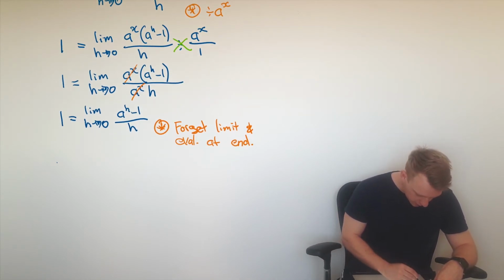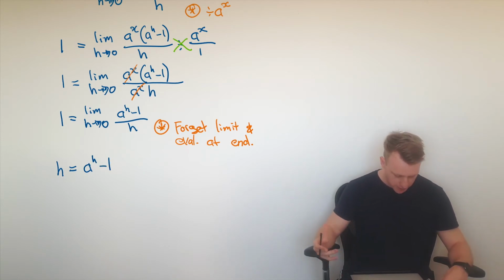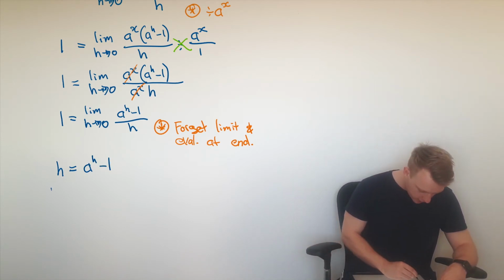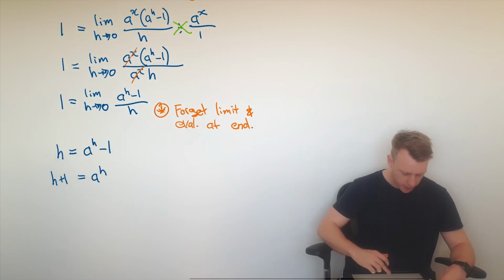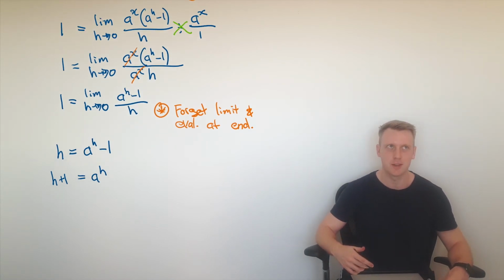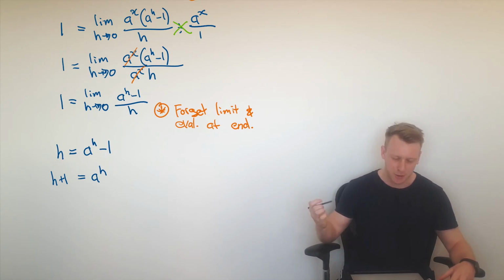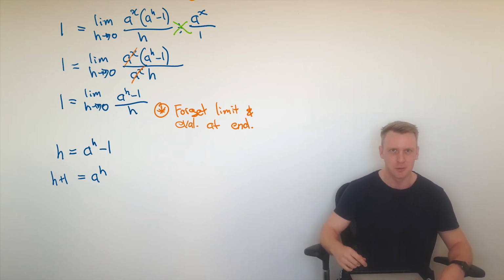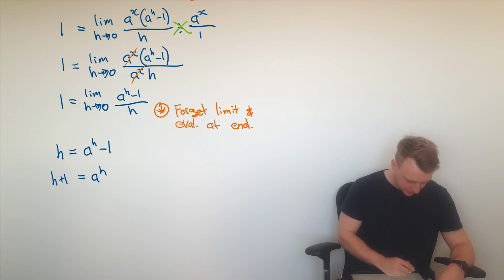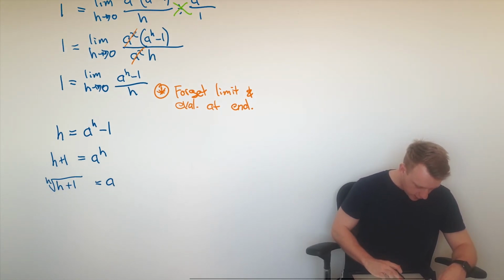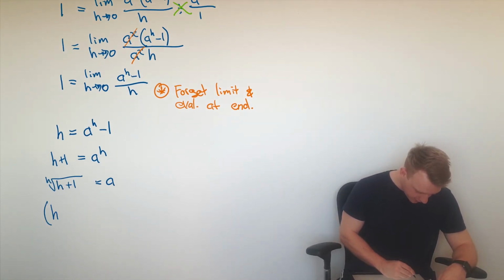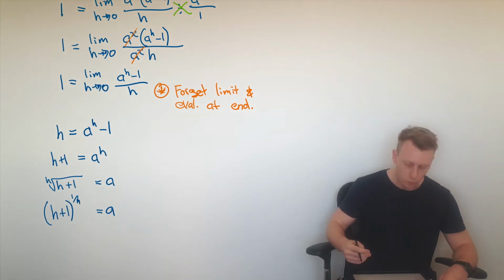So if I multiply both sides by h, I get h being equal to a to the power of h minus 1. Bring that 1 over, take the h root of it, and I get an answer for what a is.